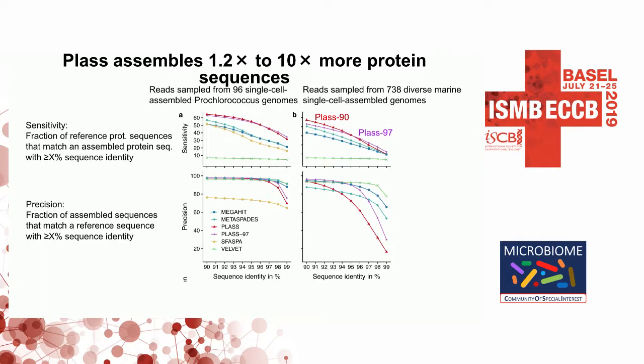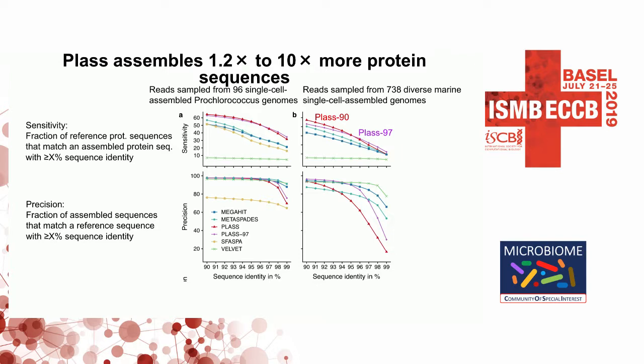So if you match, let's say, 90%, it means that 90% of the residues of the reference protein must appear in one of the assembled proteins. The higher, the better, obviously, and you see that PLUS, both with a 90% minimum identity in the overlap region and with a 97% minimum identity in the overlap region, is quite a bit above the other assemblers.